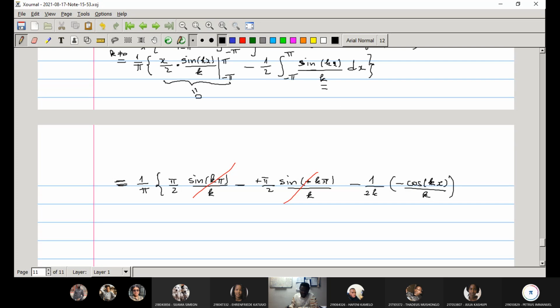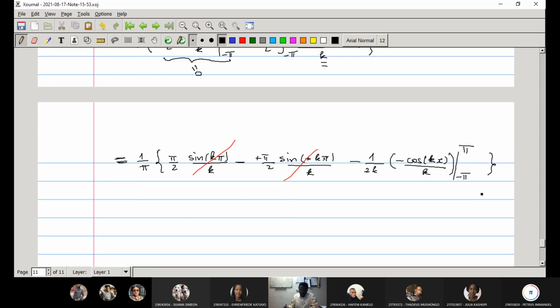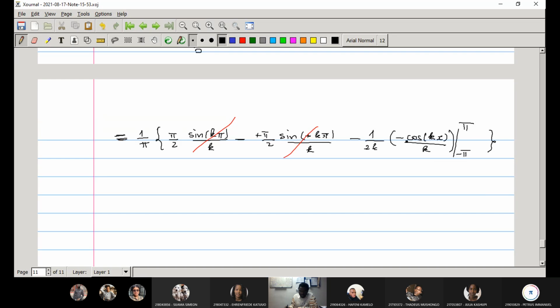So that's the antiderivative of sine kx. And that is evaluated from negative pi to pi. And then I can close the curly bracket. Now we are going to evaluate this. Okay, you can see that this negative with this negative also. This is a multiplication. You see. All right. So now I will only evaluate this because these two cancel out.